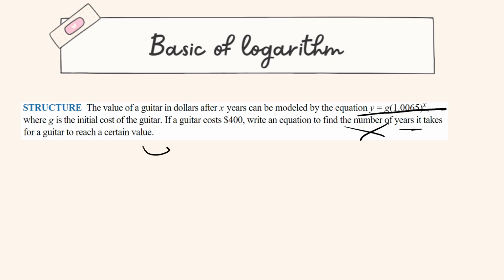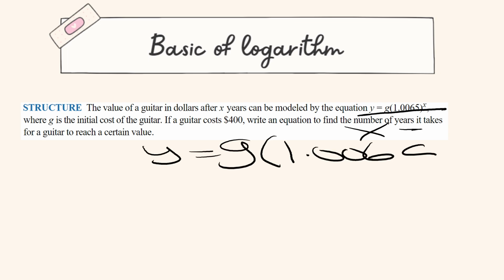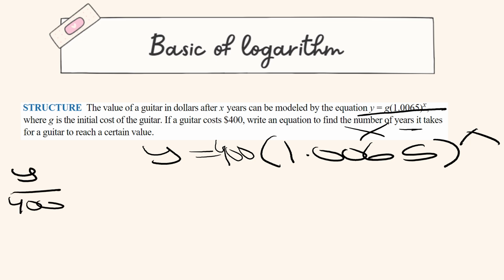The equation is y equals G times 1.0065 to the power of x. They gave us G as 400, so we replace G with 400. What we're going to do first is divide by 400 to leave this term by its own.